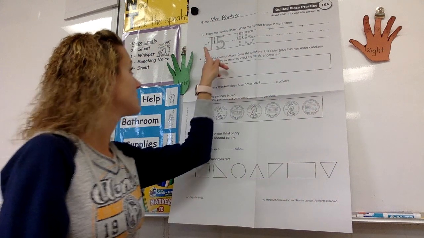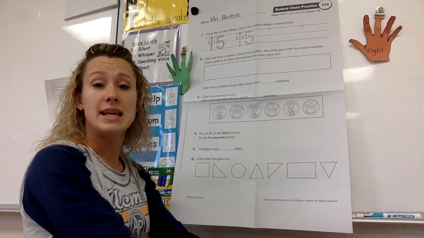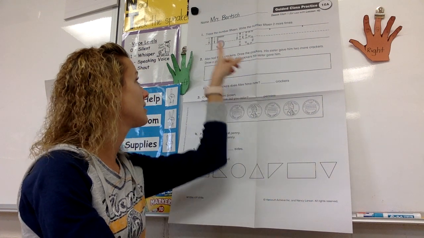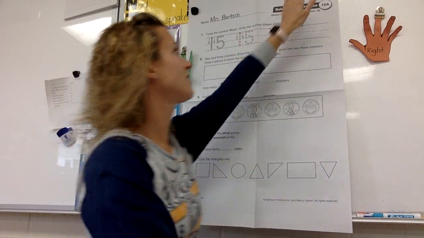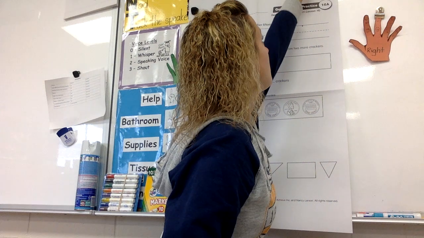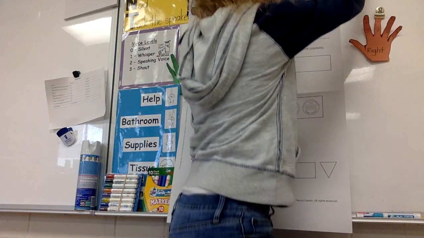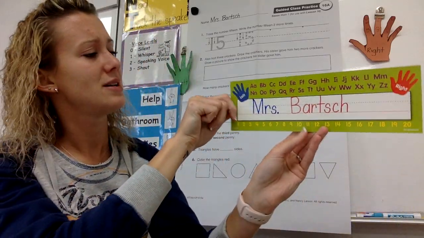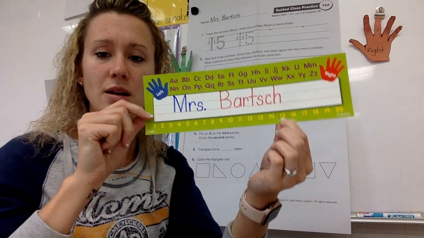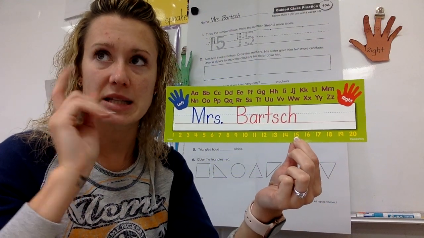Do you know what number this is at the top right here? It is a teen number because you see that the 1 goes first. So let's count. Let's find out. If you don't know, that's okay. We can count to find out. And if you do know, way to go. So let's count. Let's find out what number. It's a 1 and a 5 right here. Sometimes when we count, we missed this when I listened to you count. So count with me.